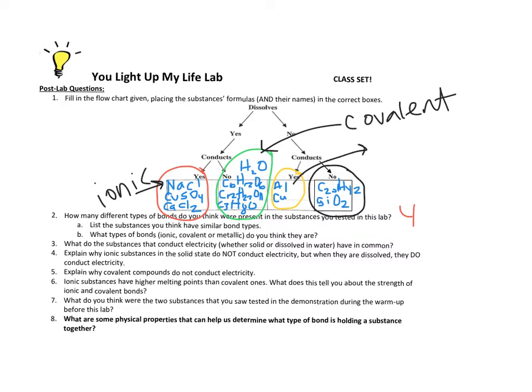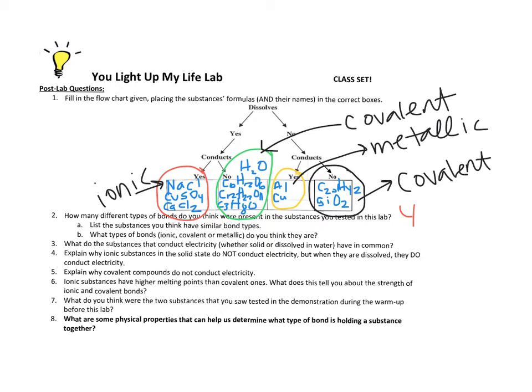This one here, made up of just metal atoms, that means that is metallic. And then last but not least, this category here, we've got carbon, hydrogen, silicon, and oxygen, which are all nonmetals, so that one is covalent as well.